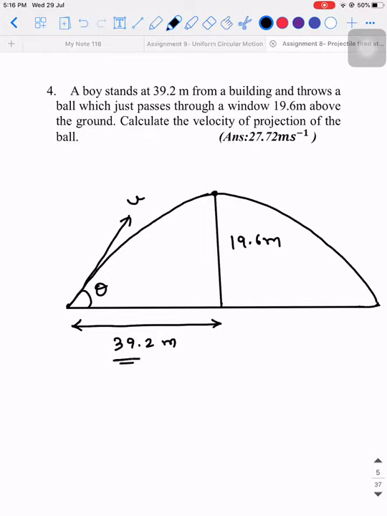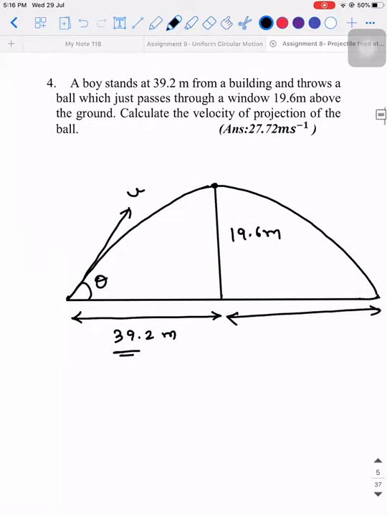If this is 39.2 meters, how much will this be? It is the same, 39.2 meters. So R is how much? 78.4, because this is going to be the maximum height. It is just passing through the window, so you need to set the angle of projection theta in such a way that the object is able to cross this maximum height.